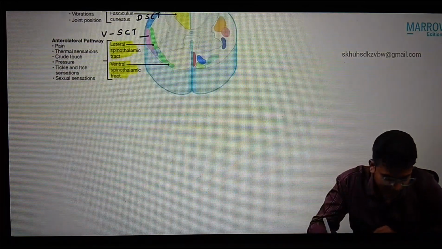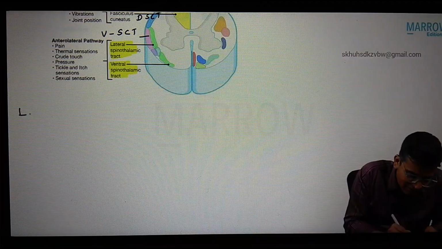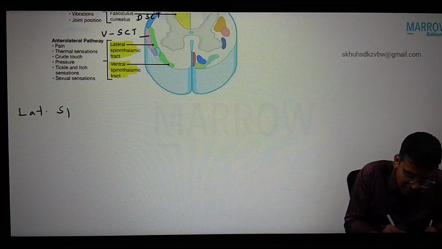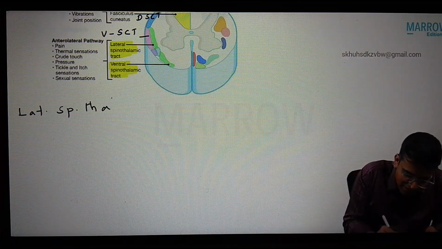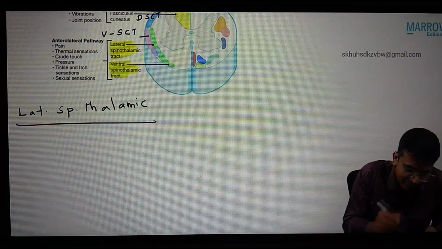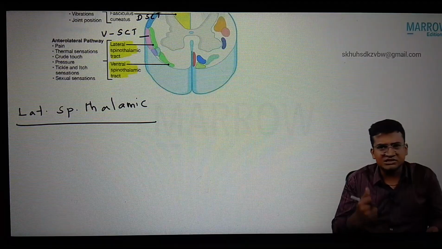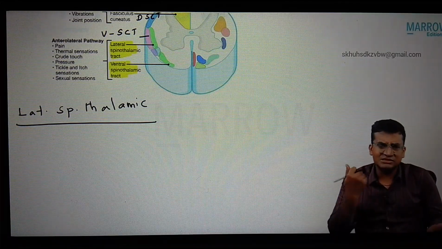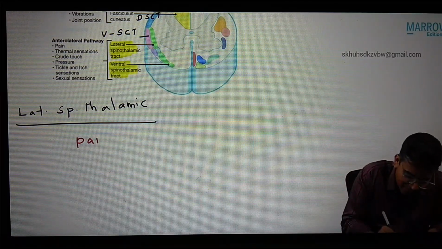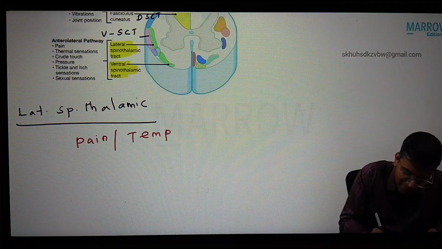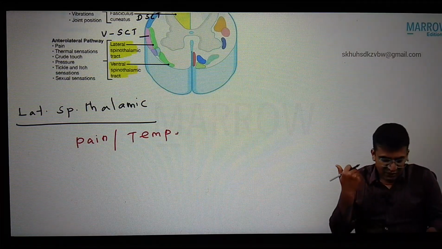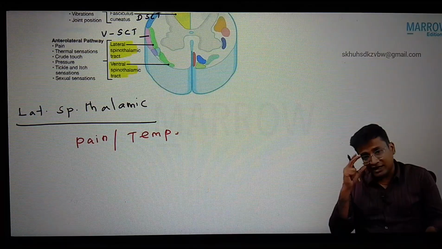Number one, the lateral spinothalamic tract, which is carrying the very basic sensation. The very basic sensation is pain and temperature. Pain and temperature is carried by the lateral spinothalamic tract.